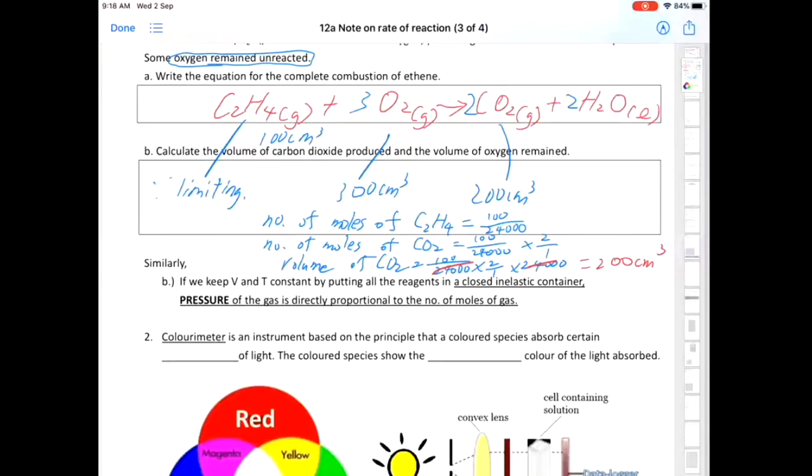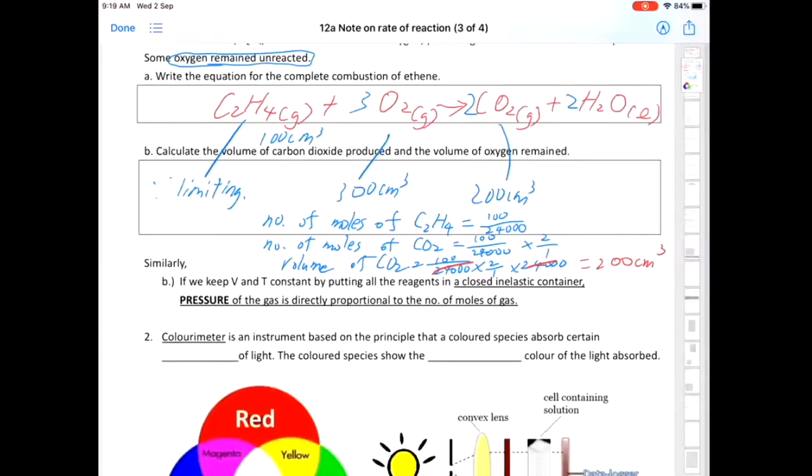Up to this moment, you have learned two things already. First of all, about the molar volume calculation, you know that the volume of a gas can reflect its number of moles, so we can use it in monitoring the rate of reaction by measuring the volume over time, and then we can get the answer.